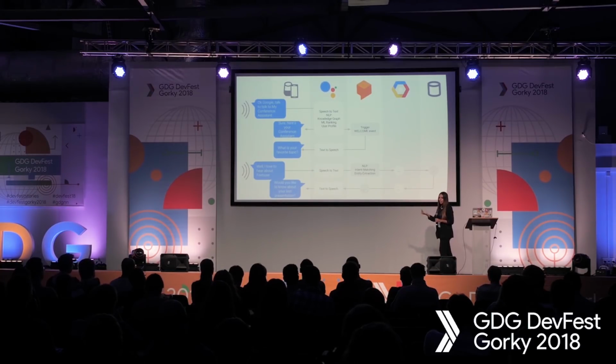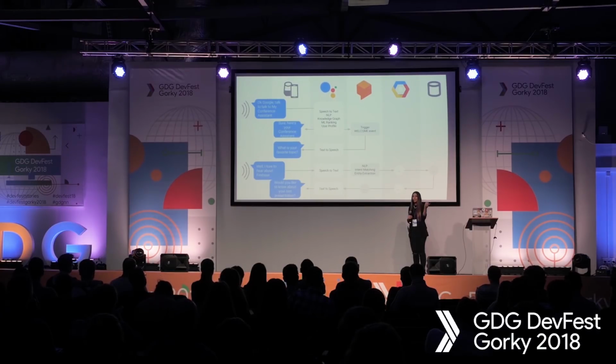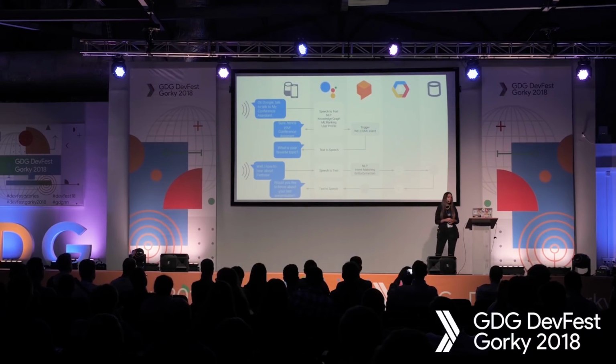So it's going to do some action. So basically, it's going to create the flow to have a conversation. And also, when I say, well, I love to hear about Firebase, it's going to recognize that Firebase is an entity, and I will do some action with that.